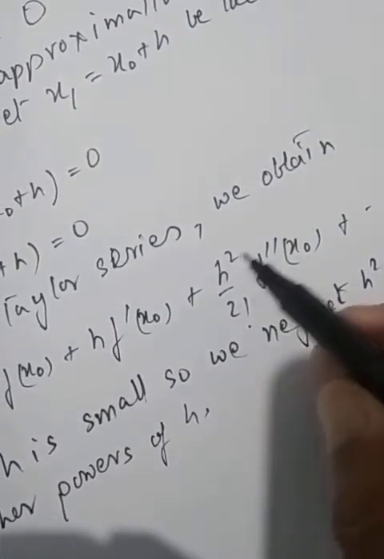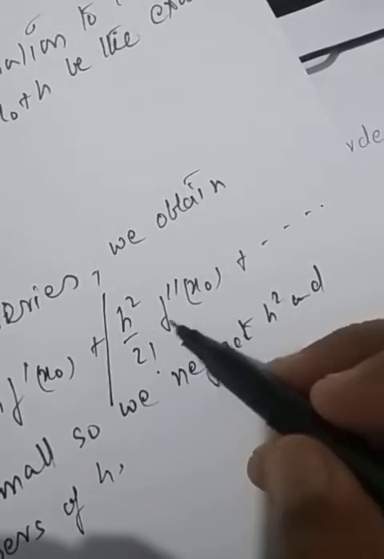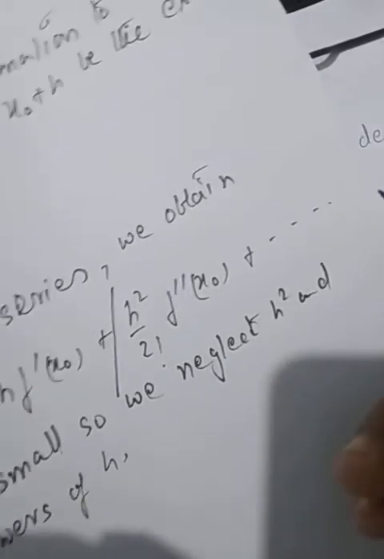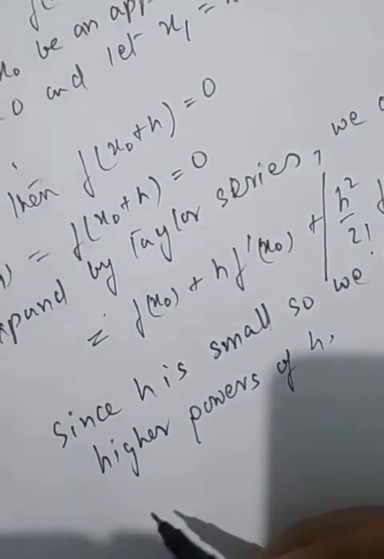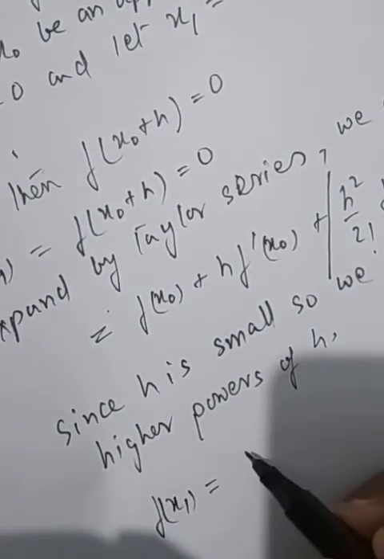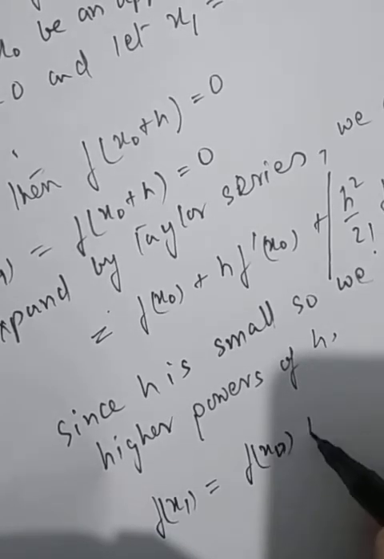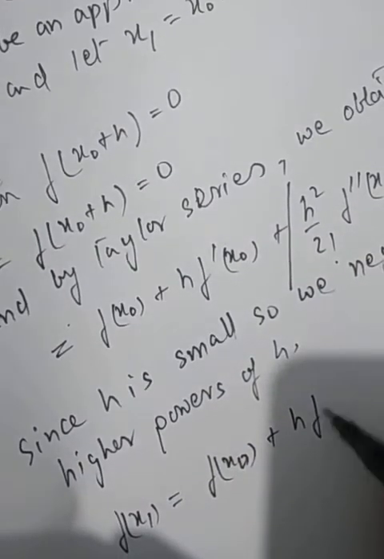So in the formula we just neglect the terms after h square. So now your result becomes f(x1) = f(x0) + h f'(x0).